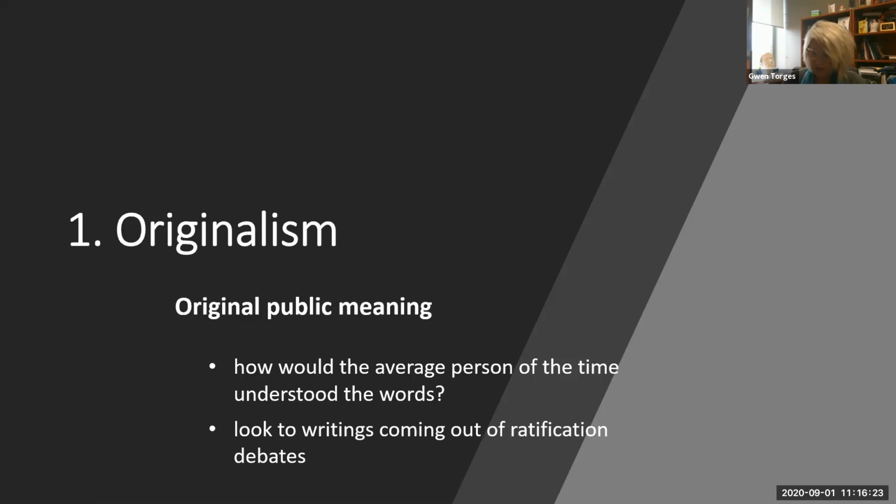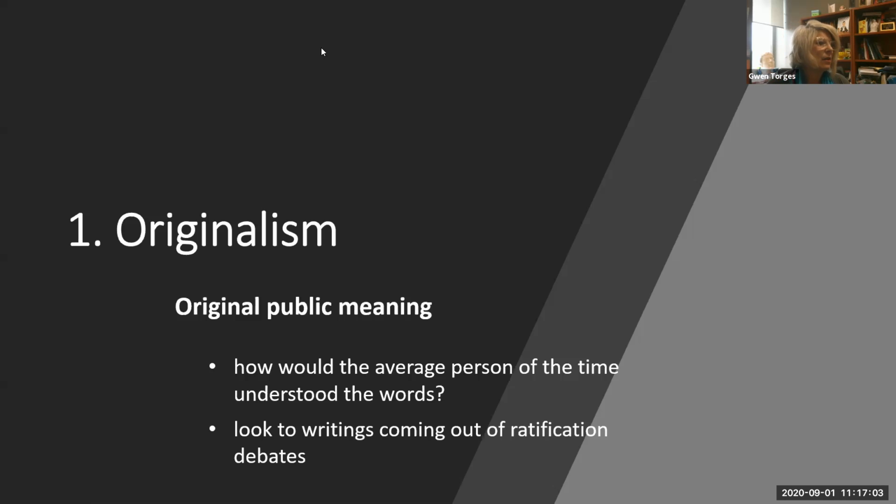Okay, something I want to say about originalism before we move on to the next theory of interpretation is that if a judge is an originalist, it's not about the judge thinking that things shouldn't change. It's about who in government should be the one to make the change. So an originalist judge says, look, maybe some part of the Constitution, if I interpret it like it was supposed to mean originally, is actually not workable in modern society.